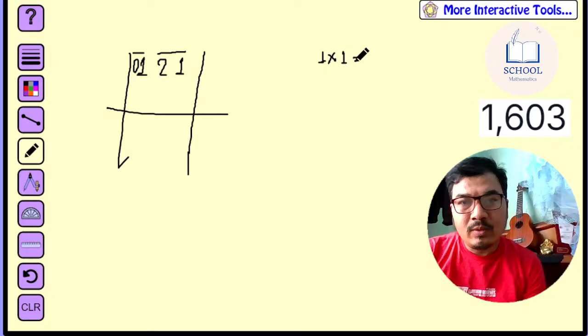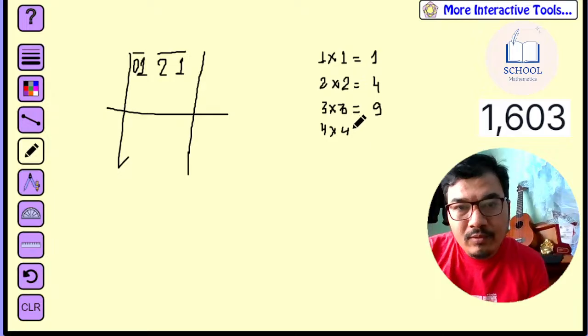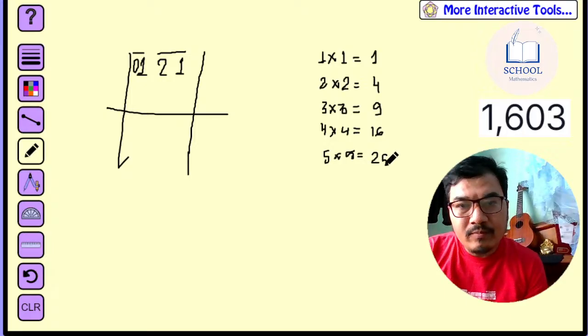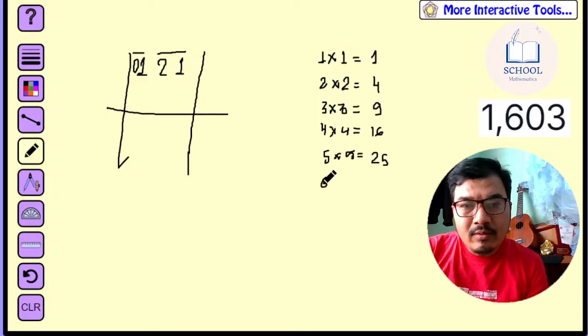Okay, 1 1s are 1, this one is the square number, and similarly 2 multiply by 2, here 4, then 3 multiply by 3 is 9, similarly 4 multiply by 4, it gives 16, and then 5 multiply by 5, it gives 25, and here 6 multiply by 6, 36, right?